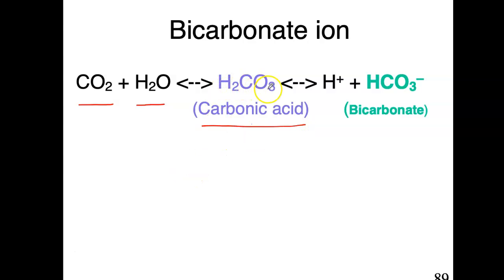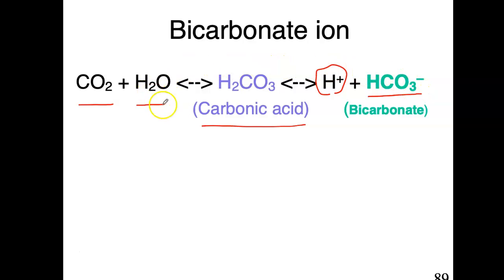That is H2CO3, formed by combining these two molecules. Carbonic acid then has the ability to release one of these hydrogens, a hydrogen ion, and the leftover would be the hydrogen ion and HCO3 ion, which is bicarbonate.